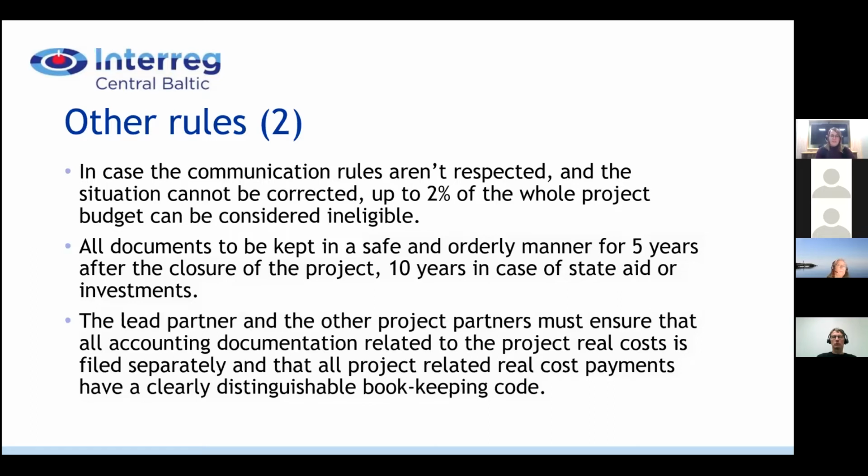And here about the real costs, also quite typical how it's been done in projects. The partners need to ensure that accounting documentation related to the project real costs is filed separately, and that all project-related real cost payments have a separate bookkeeping code.